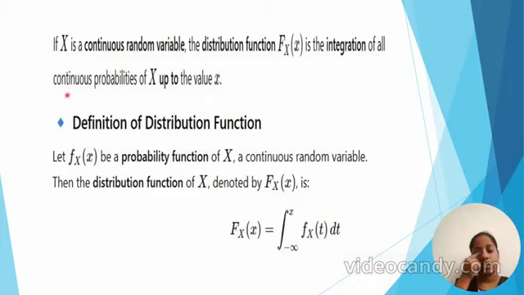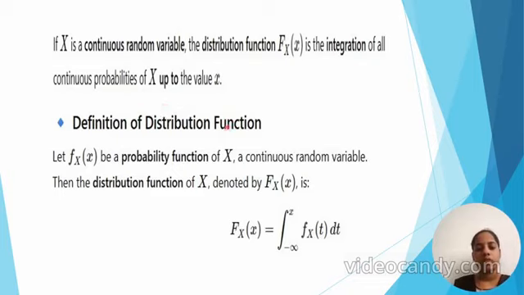Next, previously we used a discrete random variable. If X is a continuous random variable, the distribution of X is the integration of all continuous probabilities of X up to the value of x.